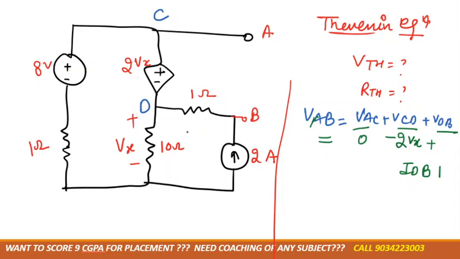Now IDB. You are moving from D to B, so current should also move from D to B, right? So I1 is how much? Current I1 and 2 ampere, are they moving in the same direction or in the opposite direction? So I1 value is how much?